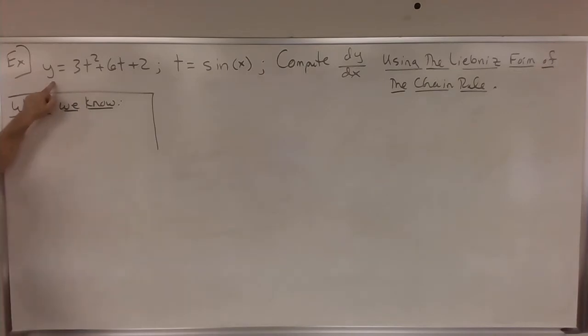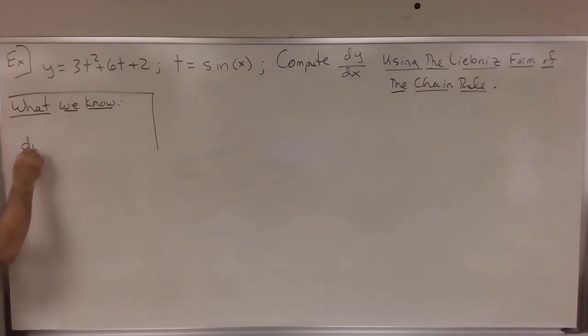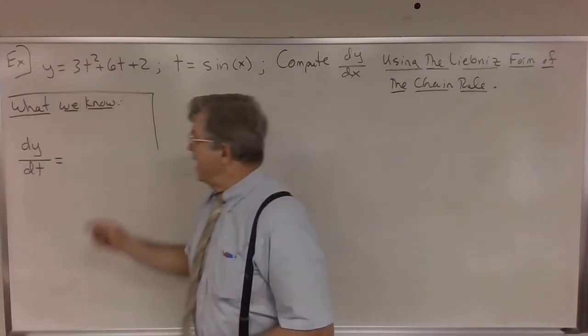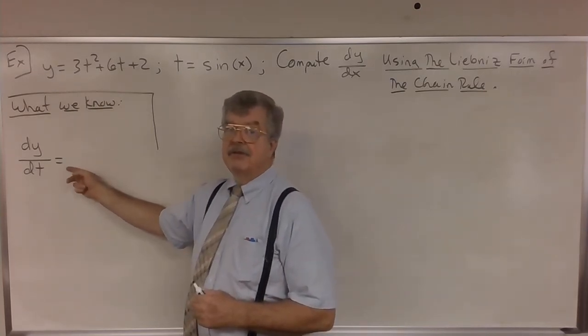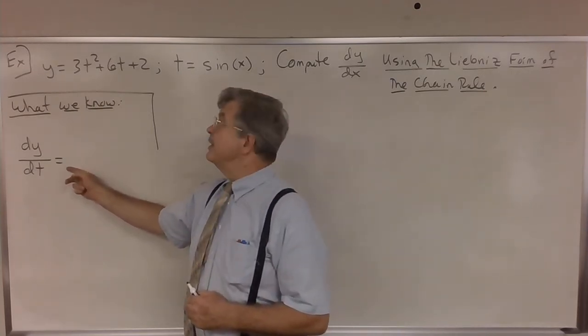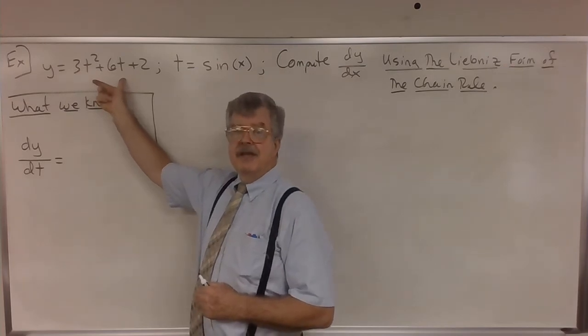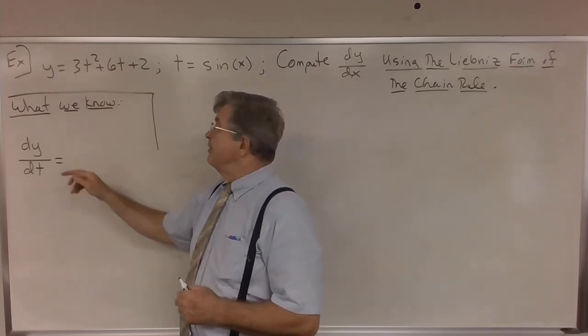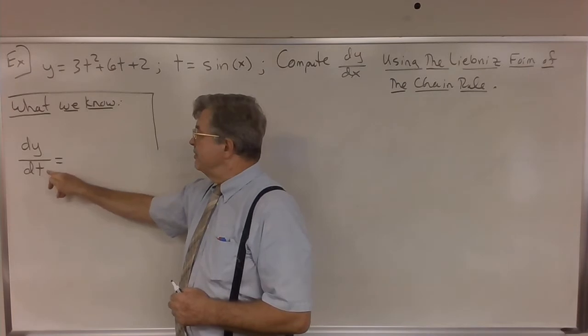Here they tell us that y is a function of t, and here's how y is defined: 3t squared plus 6t plus 2. So I'm bending the truth a little bit by saying that I know what dy/dt is. I don't know what this thing is, but I can easily deduce what it is from the information that they give us. So let's see, how do I get dy/dt?